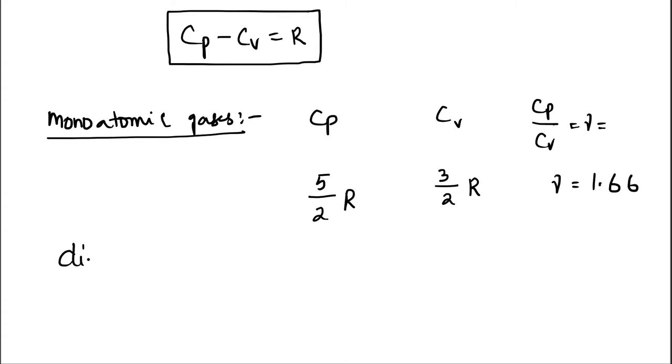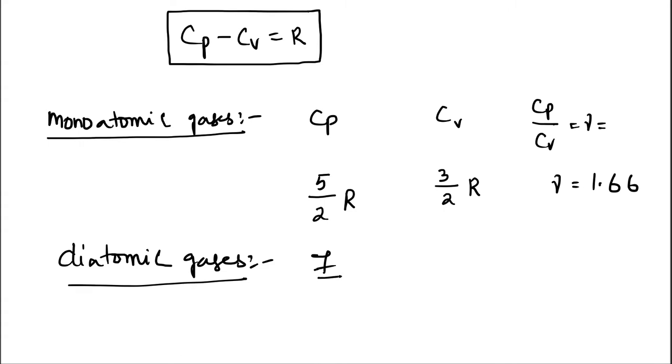For diatomic gases, Cp is 7 over 2 R and Cv is 5 over 2 R, and gamma is equal to 7 by 5, that gives you 1.4.